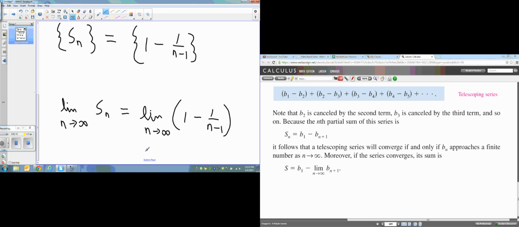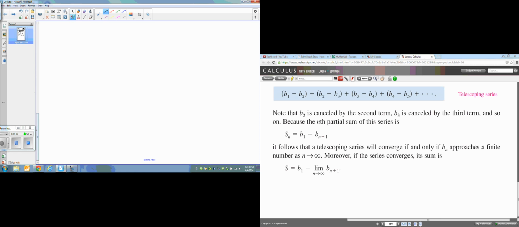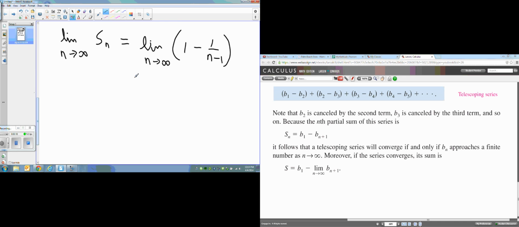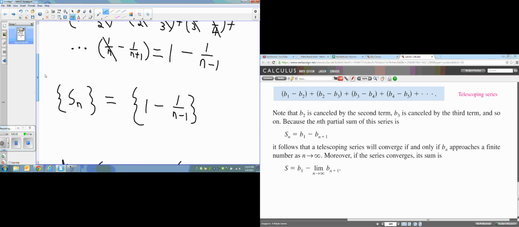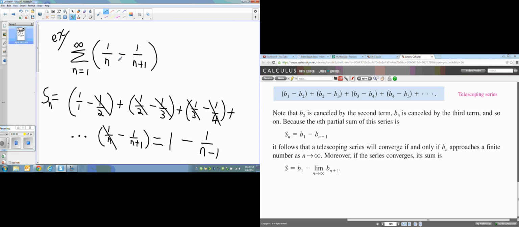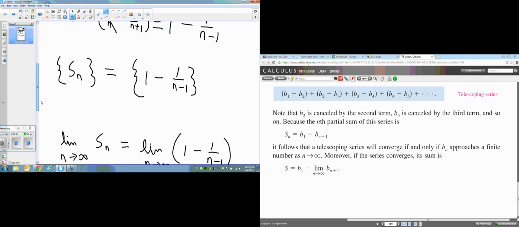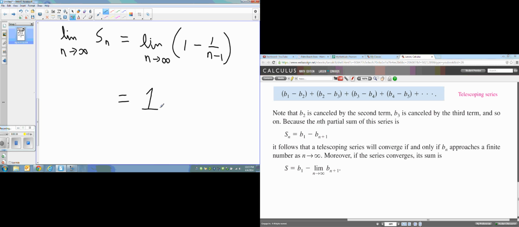And as n goes to infinity, you see that this limit goes to 1. So not only does this original series converge because the sequence of partial sums converges, but the sum of the series is equal to 1.